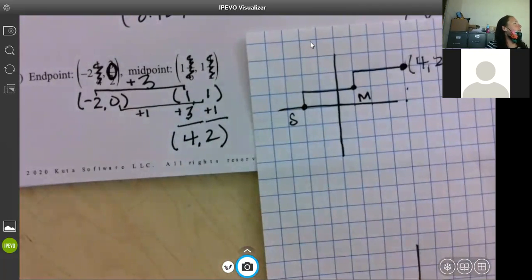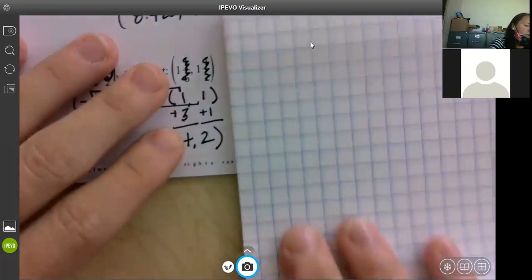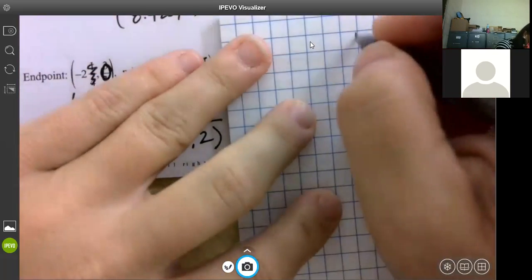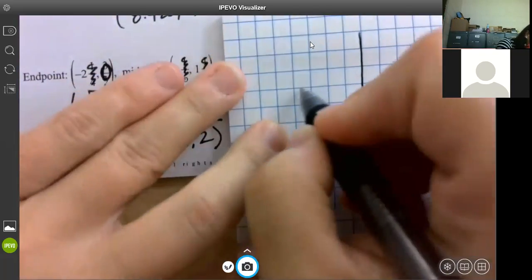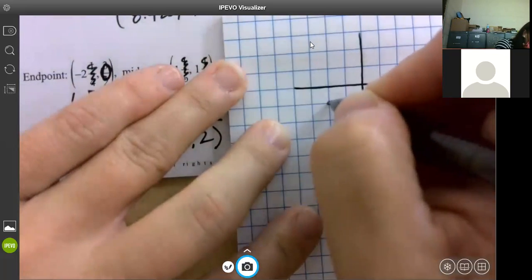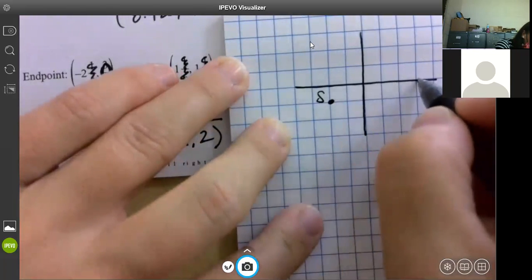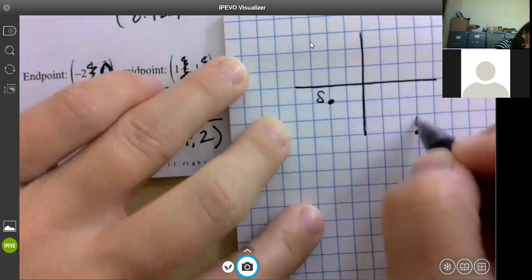So you can do it on your graph as well. If it confuses you to think about a number line, you can do that. I'll show you one more time. We'll do it with this. So we have -2, -1 is my start. My midpoint is at 3, -3.